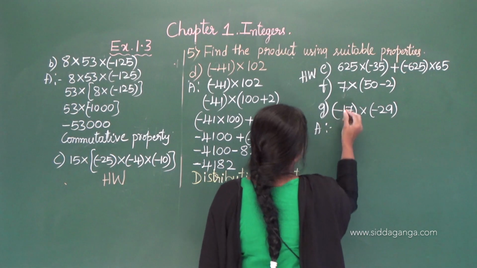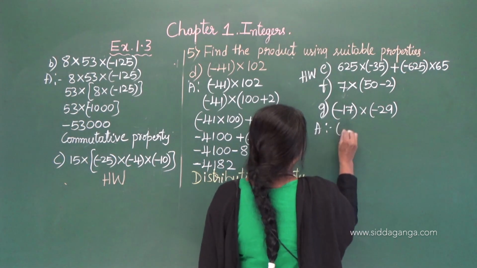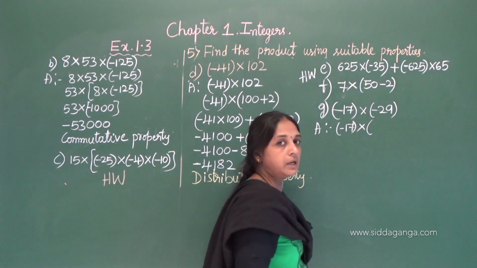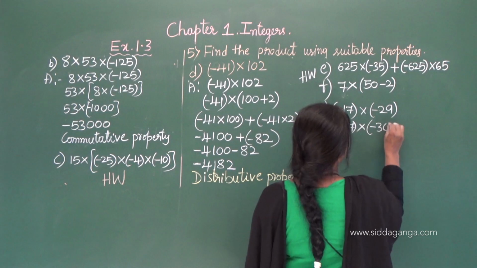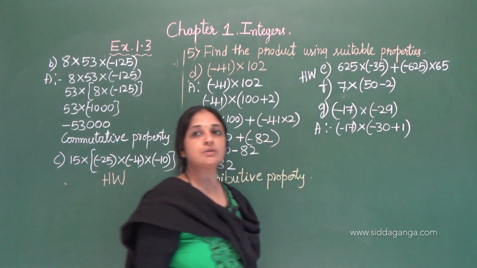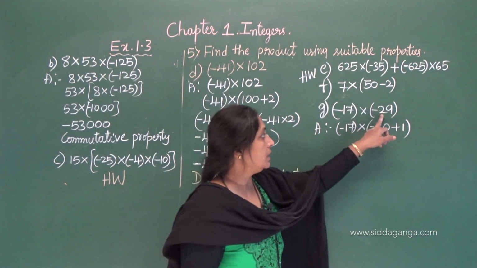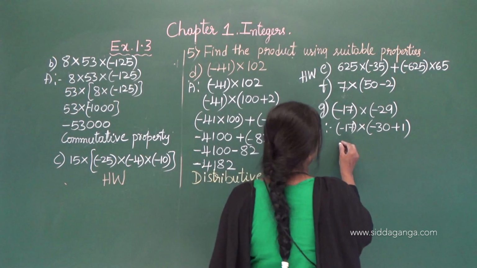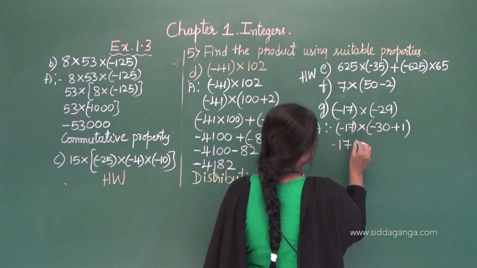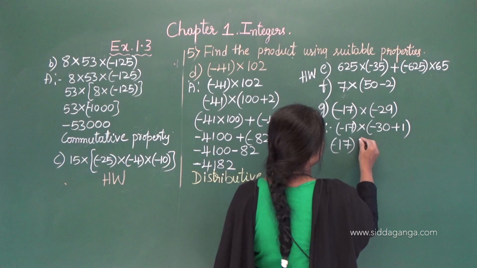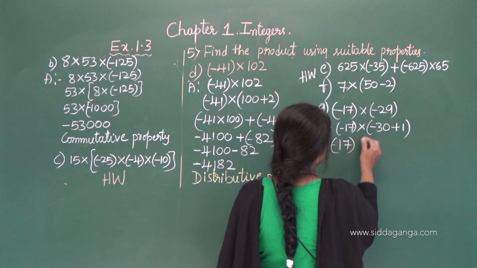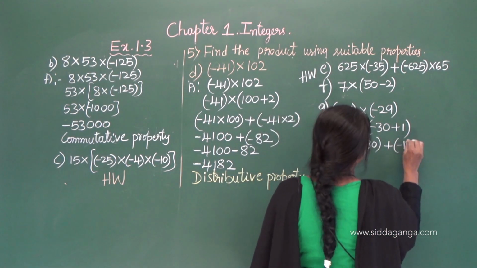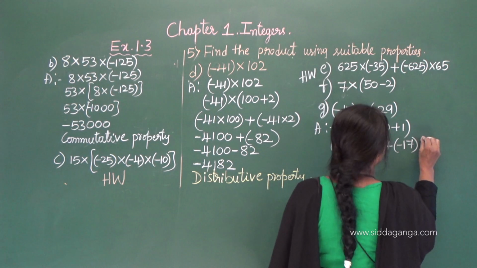We can write minus 17 into minus 29 as minus 30 plus 1. This is also distributive property because we expressed minus 29 as minus 30 plus 1. Then minus 17 into minus 30, plus minus 17 into 1.